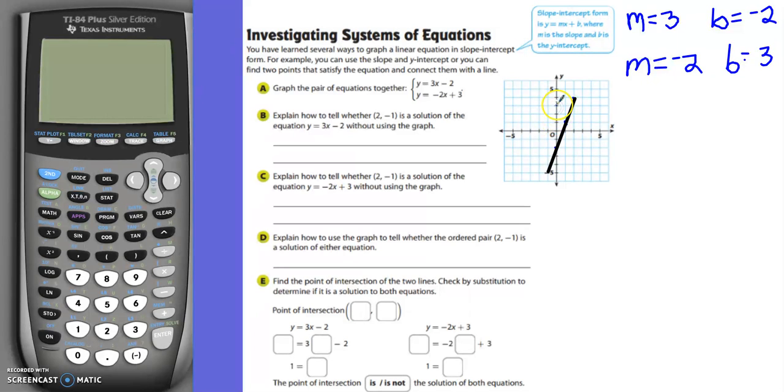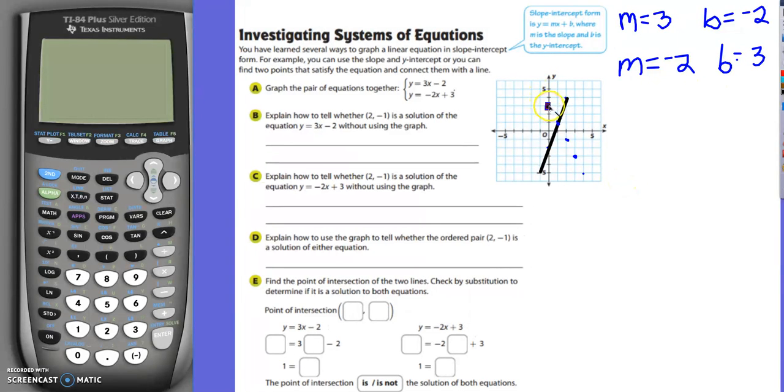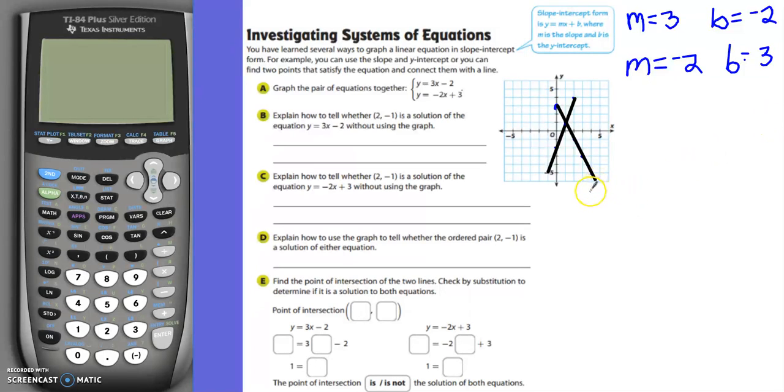Then I'm going to go down 2 to the right 1, and repeat: down 2 to the right 1. Now we're going to graph, and we can label this. This is y equals negative 2x plus 3.